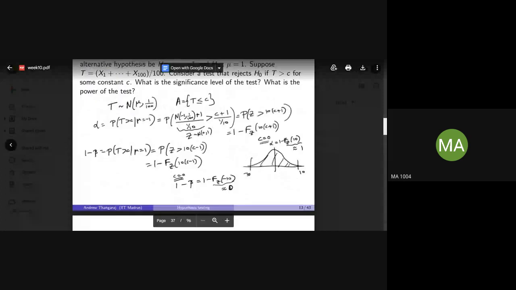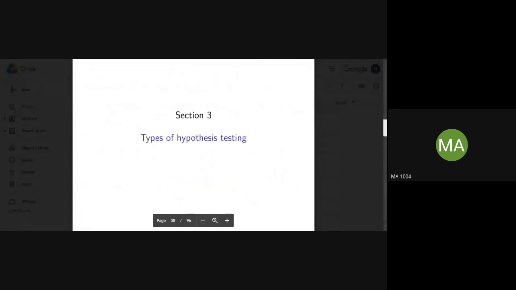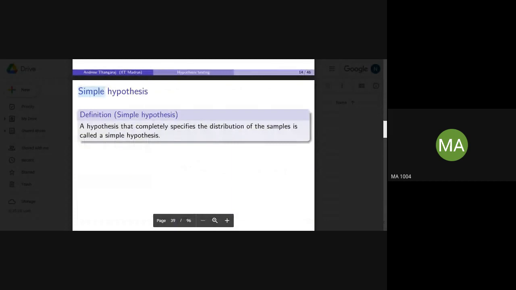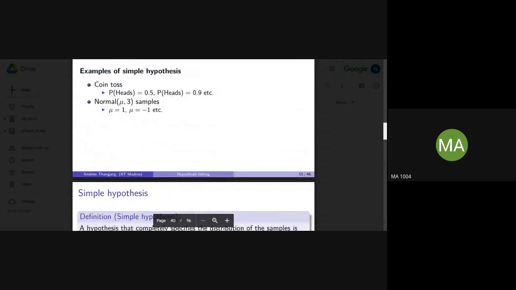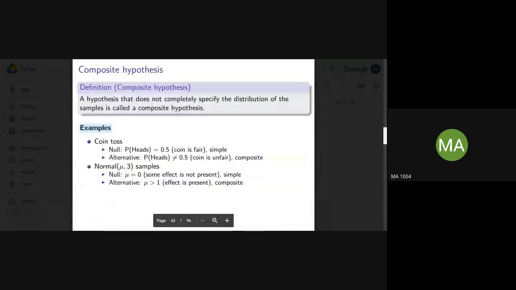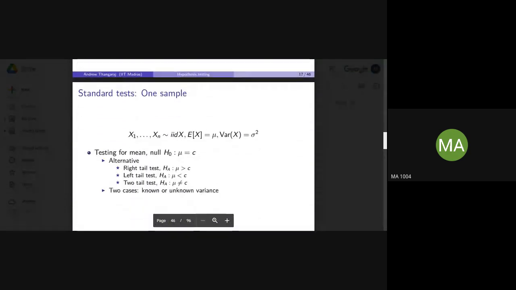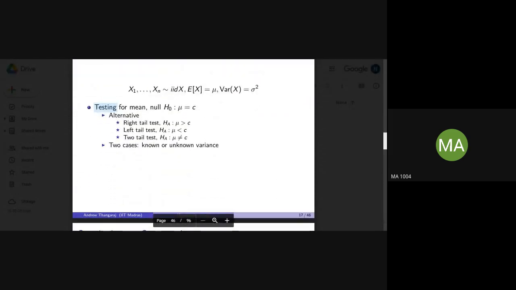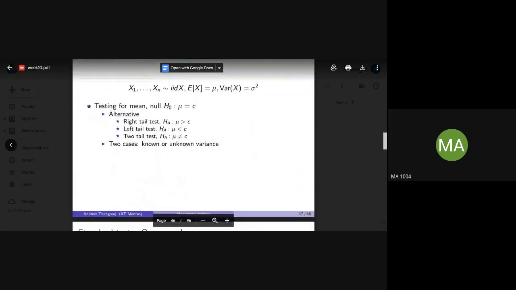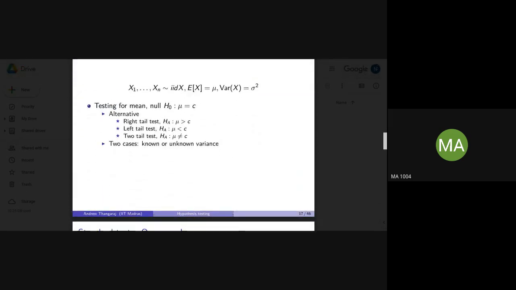Then next we have simple hypothesis. All those one sample tests are there: right-tailed, left-tailed, two-tailed.